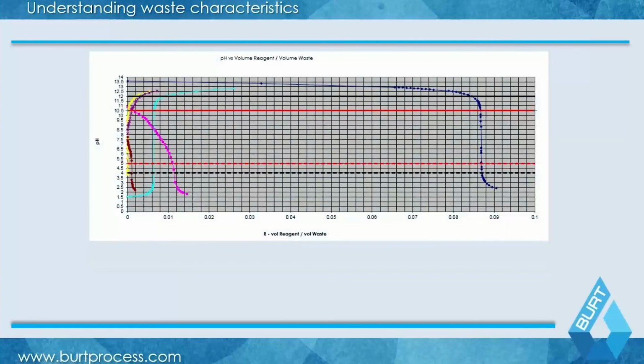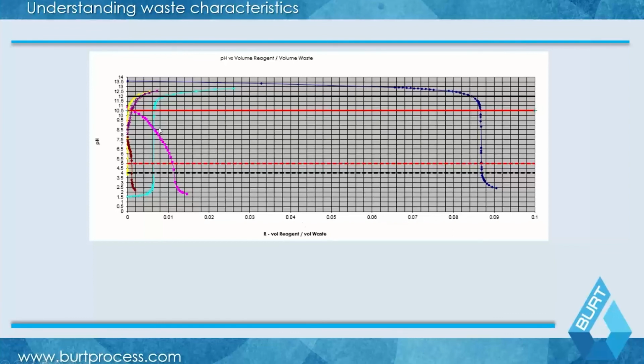To highlight this, I wanted to take a look at some actual real-time pH data from a project. I want to use it to highlight a few different examples about alkalinity and the nature of the waste. What we're looking at on this graph is pH here on the right, and down here is the amount of reagent volume needed based on the volume of the waste.